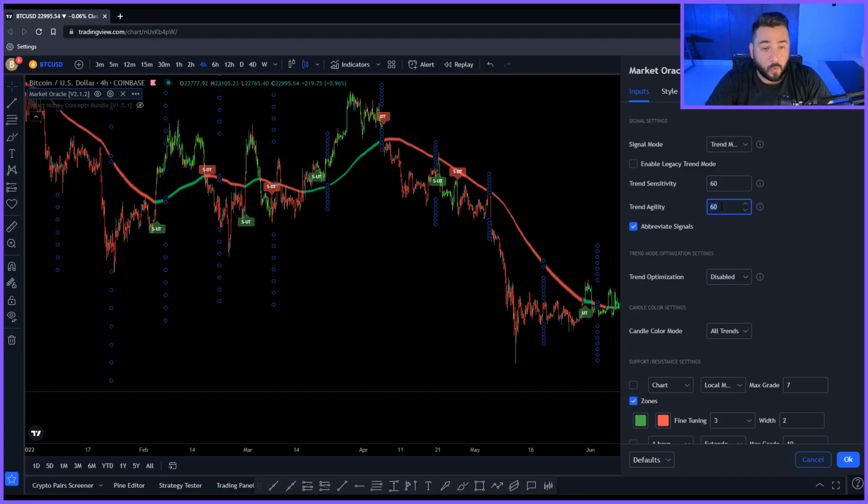Remember, always start with your trend sensitivity and then fine tune it with your trend agility. Once your trend agility gets close to 100, it could be 90, 100, 110, 120, something around those zones, then it's just a matter of dialing back down your agility and increasing your sensitivity.